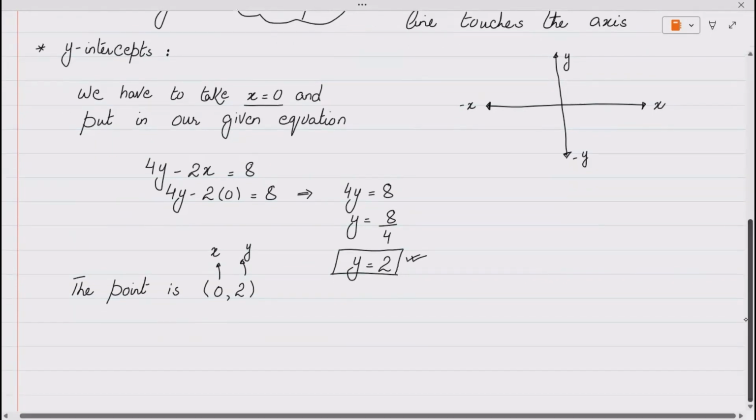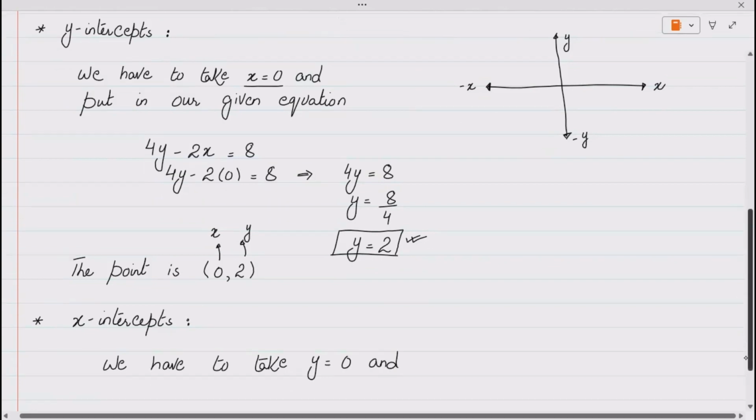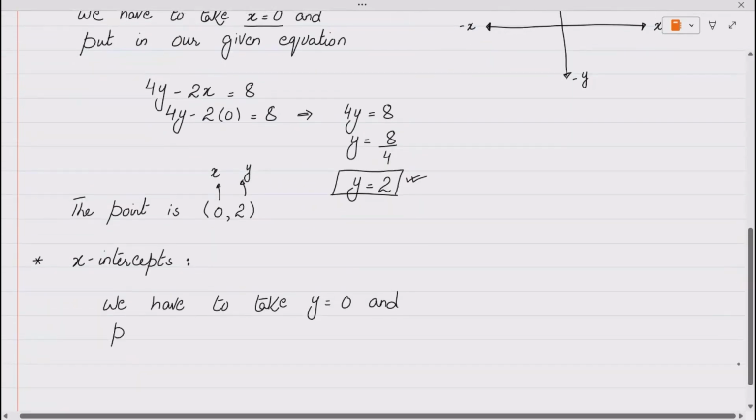Let's see how to find now the x-intercept. As you can guess, for the x-intercept, we have to take y equals 0 and put this y equals 0 in our equation.